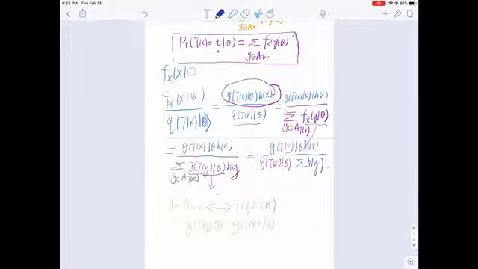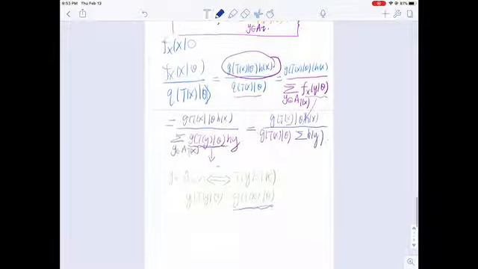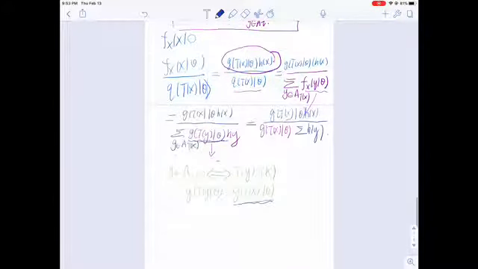This is simply because this term, as we show here, is equal to a function of T of x, which will be the same no matter which partition you're looking at. So that's why we can move it outside of this summation sign. We have the same term in the numerator and the denominator, so we can cancel it out.